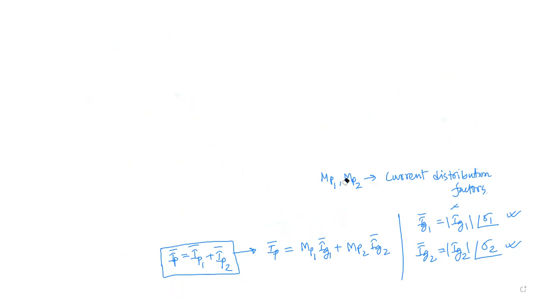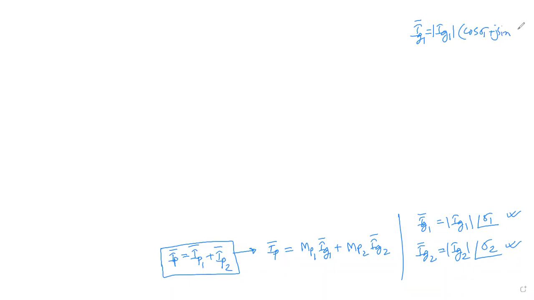So if we continue from here, so let's write it here. IG1 is simply IG1 absolute, then you have cosine sigma 1 plus j sine sigma 1.